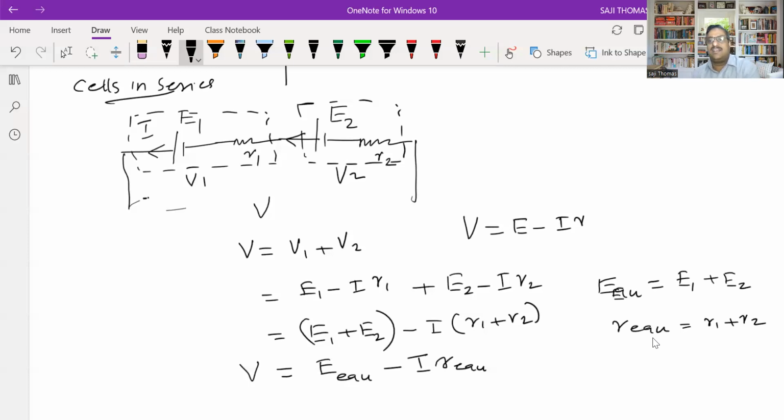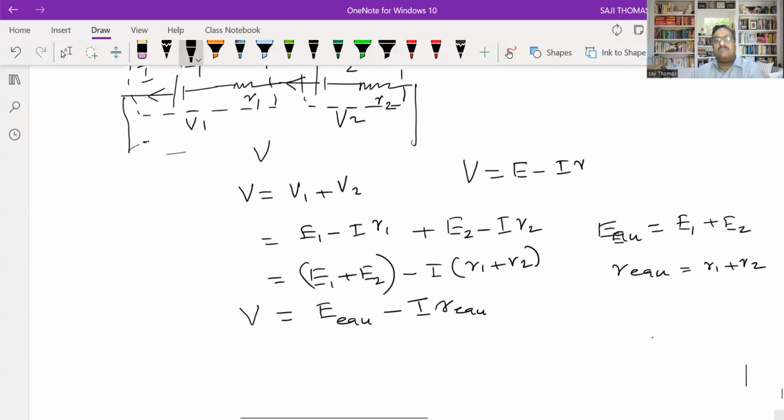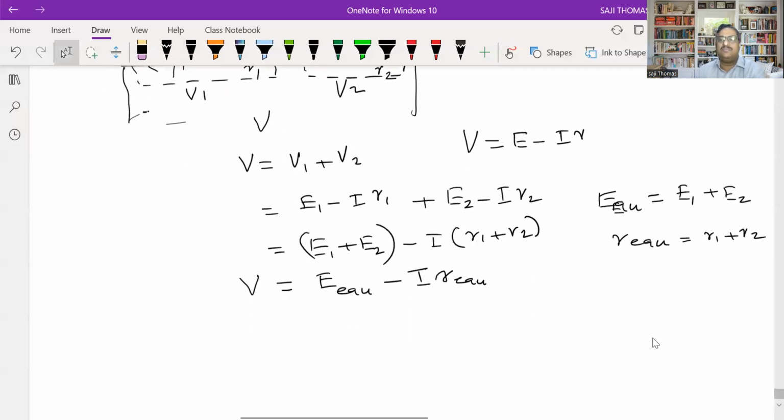So when cells are connected in series, the equivalent EMF is equal to the sum of the individual EMFs, and the equivalent internal resistance is the sum of the individual internal resistances.